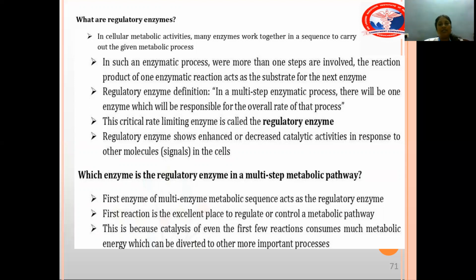In a multi-step metabolic pathway with so many steps, which enzyme will act as the key regulatory or rate-limiting enzyme? In almost all metabolic pathways, the first enzyme of a multi-step metabolic pathway acts as the regulatory enzyme. So the first reaction is the perfect place to regulate or control a metabolic pathway.